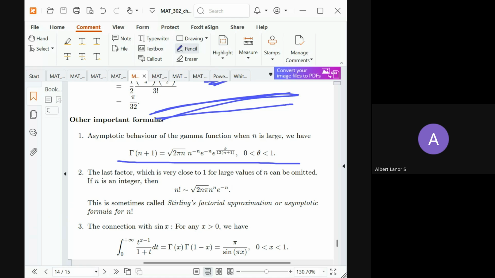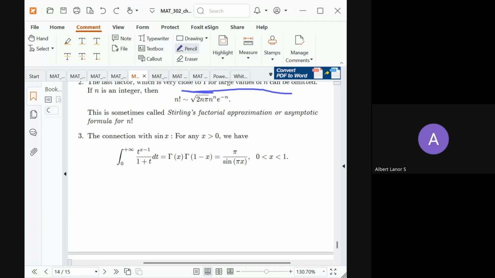You can assume it to be this one. Now, the last factor, which is very close to 1 for large values of n, you can say that n factorial is this. Then the Stirling's factorial. This factorial is called the Stirling's approximation, or asymptotic formula for n factorial.